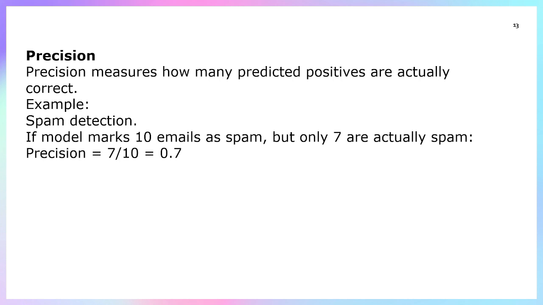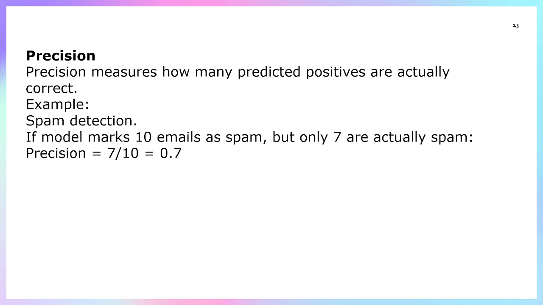Now the formula. Precision equals true positive divided by true positive plus false positive. True positive means 7 were actually spam, right? Whereas false positive means 3 out of the 10 were false positives.